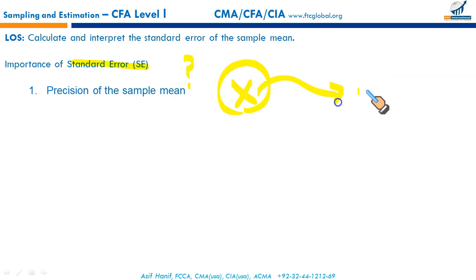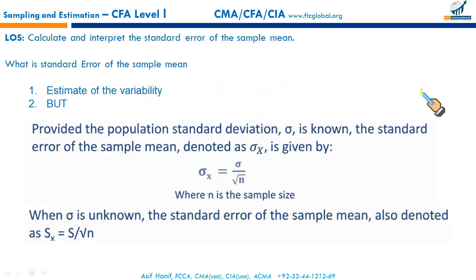So the standard error shows you how precisely the sample mean estimates the population mean, right? So whatever the result of these two formulas gives you, whether you use this formula ideally, in most cases you will use this one.